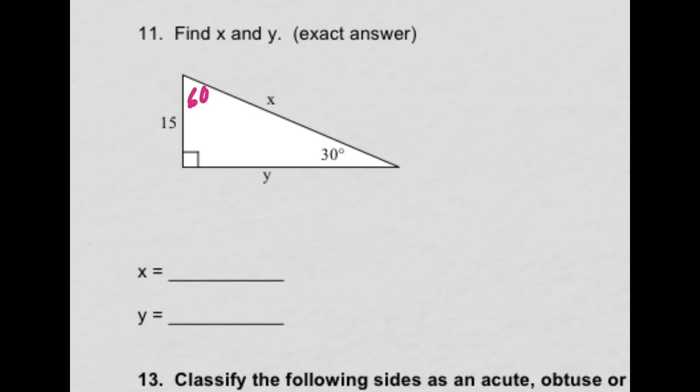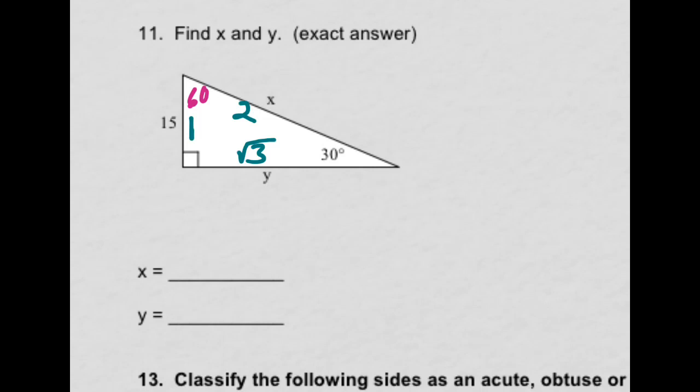Triangle, our 30, 60, 90 triangle. And if you remember, the numbers for our 30, 60, 90 triangle is, if this is 1 right here, then you know that our longer leg is root 3, and that our hypotenuse is 2.